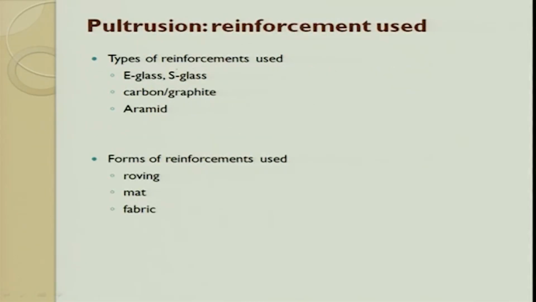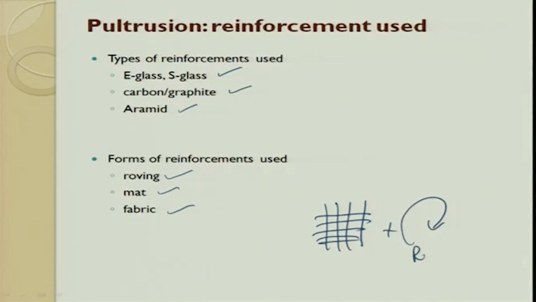Pultrusion reinforcement can be E-glass fiber, S-glass fiber, carbon fiber or Kevlar fiber. The form can be roving, a mat, or a fabric also. The fabric will be rolled, and then you will give the resin impregnation.